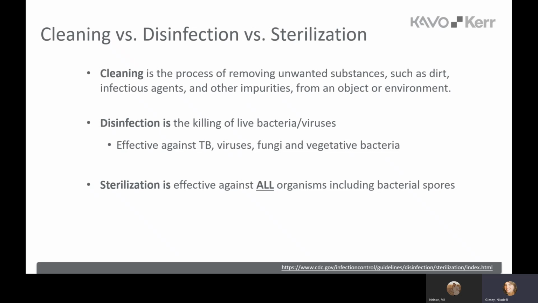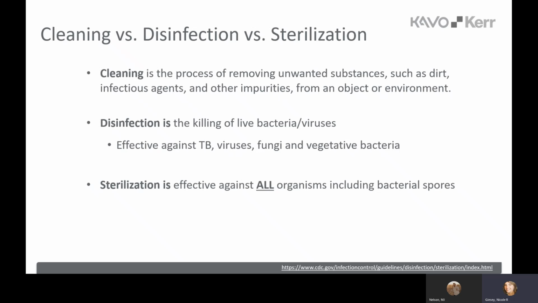So when you hear buzzwords like pre-clean or clean the surface before you disinfect, basically what you're doing is removing the debris off the surface, so then your disinfection, which is the killing of live bacteria and viruses, could actually interact with that surface. So you have to clean it first and then disinfect.